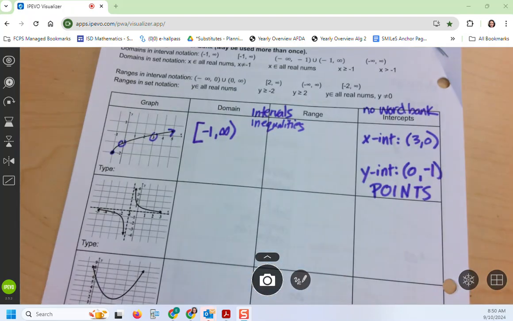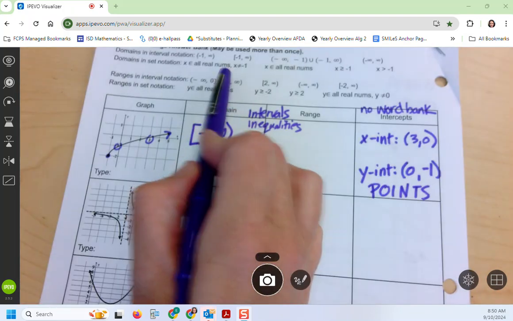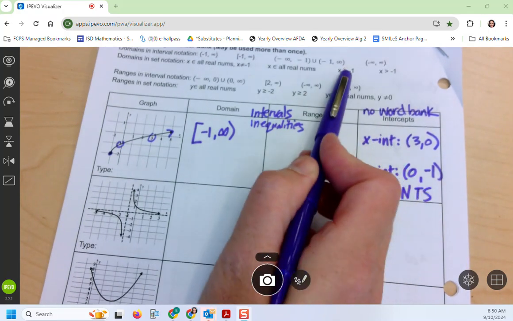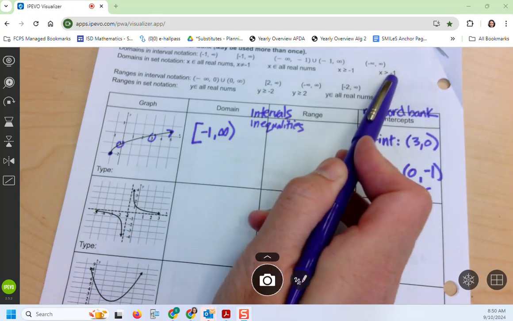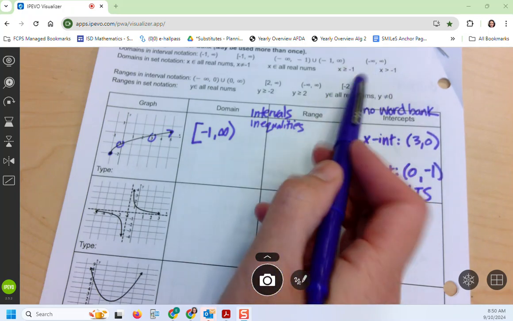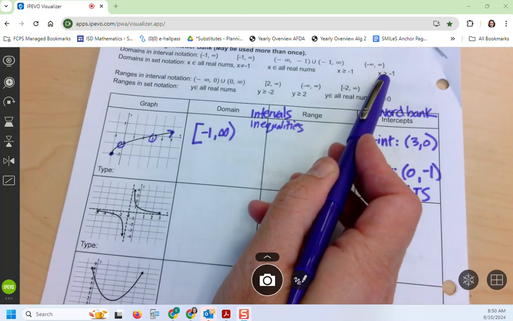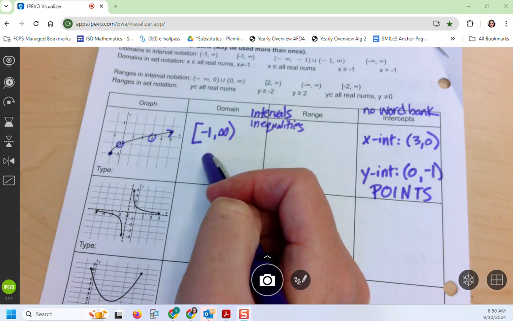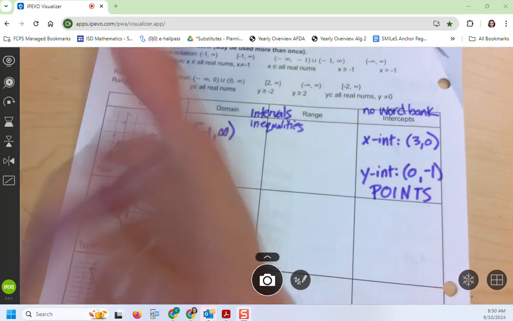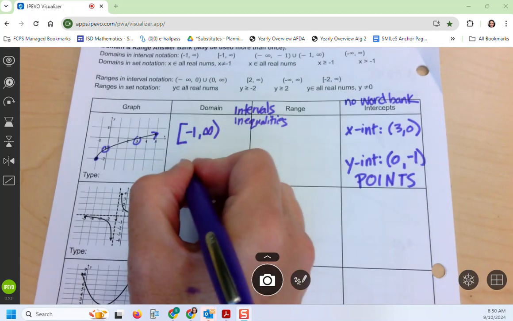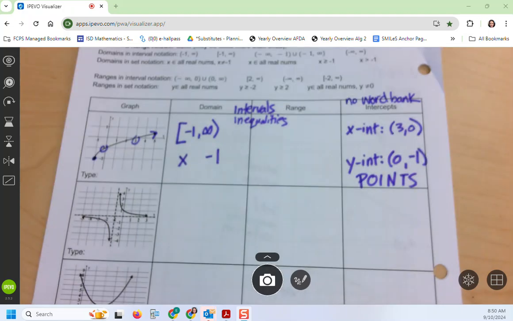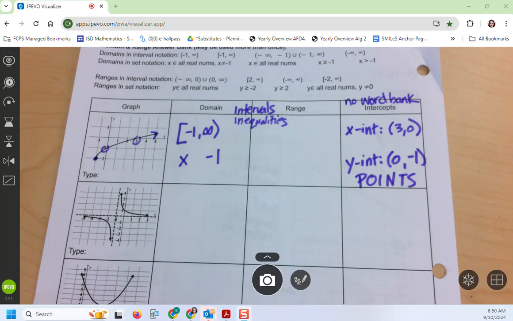Look down here at the domains in set notation. I know it's going to either be the third one or the fourth one. Talk to your neighbors. All right, can x equal -1?